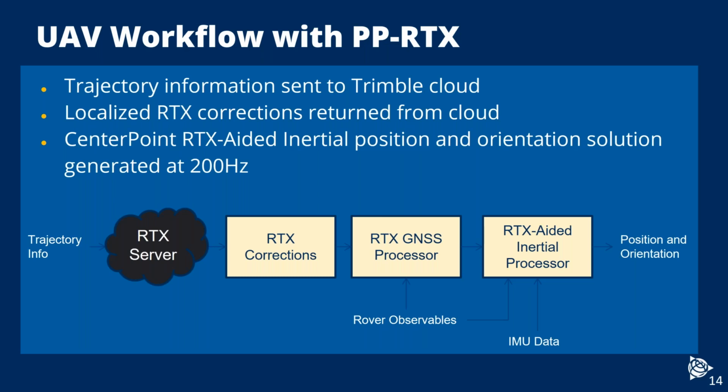Then the APX's IMU data is introduced when running the RTX inertial processor to produce our final positions and orientations at 200 Hertz. So this process should be familiar to POSPac users. The only difference here is that you're using the RTX servers instead of your own physical base station or a CORS network. And again, you can access the RTX servers with a single button click within POSPac.